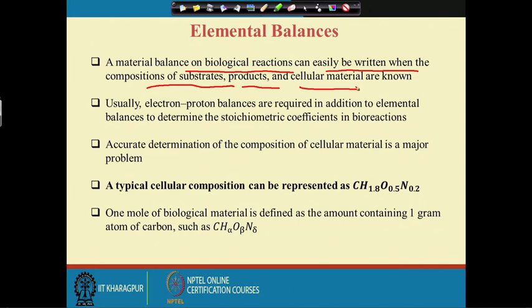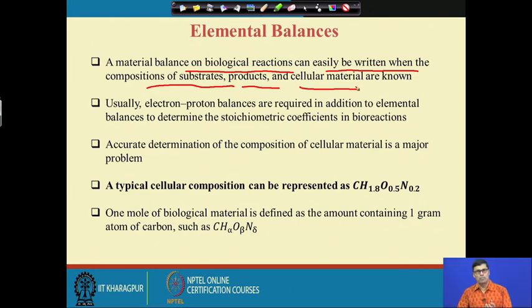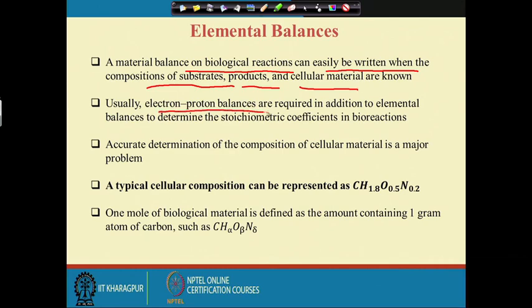Your products may be of different kinds: mostly you get cell mass, and if you have products other than cell mass, you get cell mass as well as the product. Usually the electron and proton balances are required in addition to the elemental balance to determine the stoichiometric coefficients. This I shall discuss in detail, how you can find out the stoichiometric coefficients of the biochemical processes.